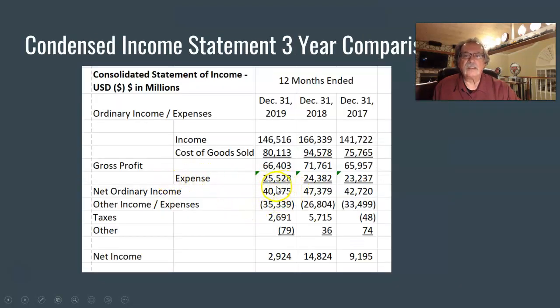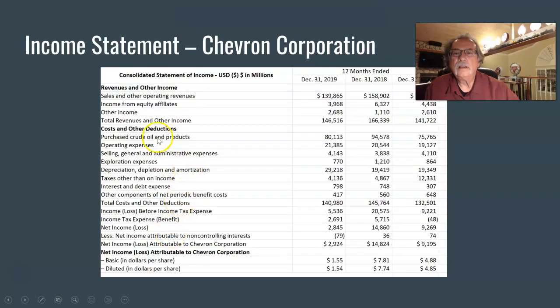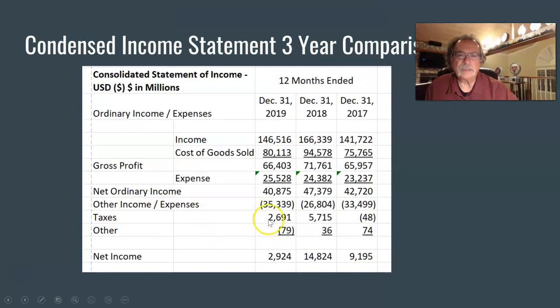I consolidated down to my net ordinary income, put the big ticket items like I showed in the prior example, and came down to the net income levels. I think this is a good way to do things for your own understanding with your company. Don't try to go through 15 different items here and explain them. Distill it down to something that makes sense.